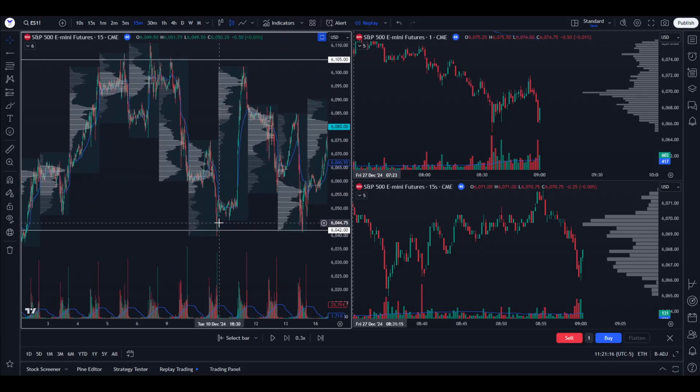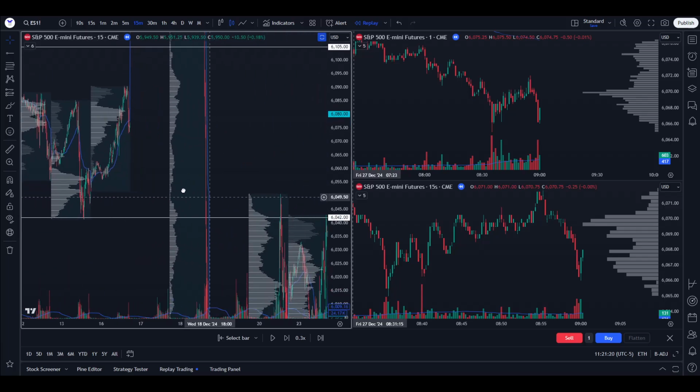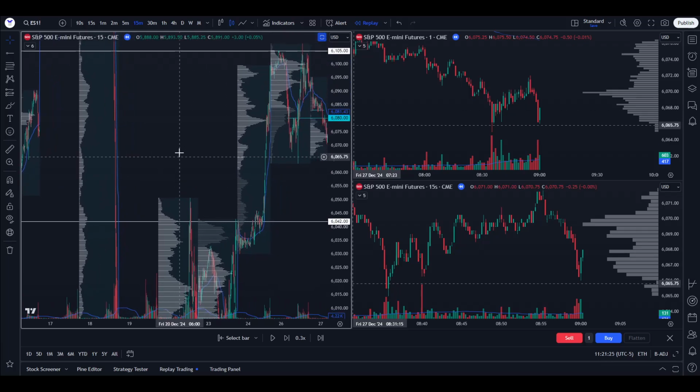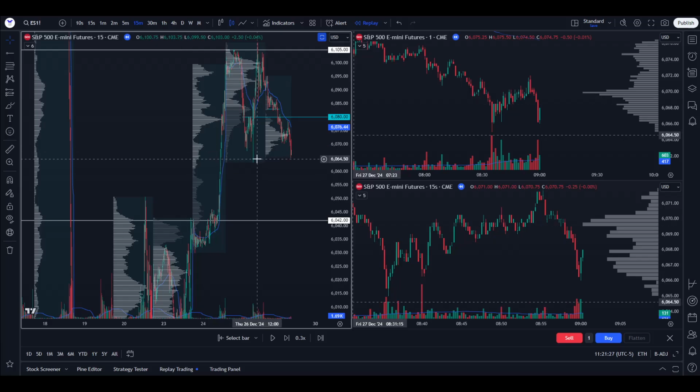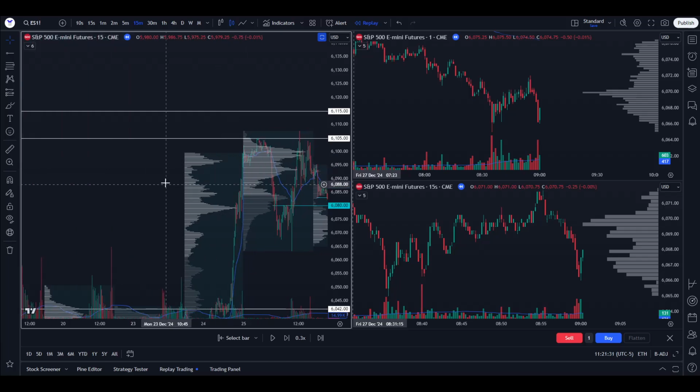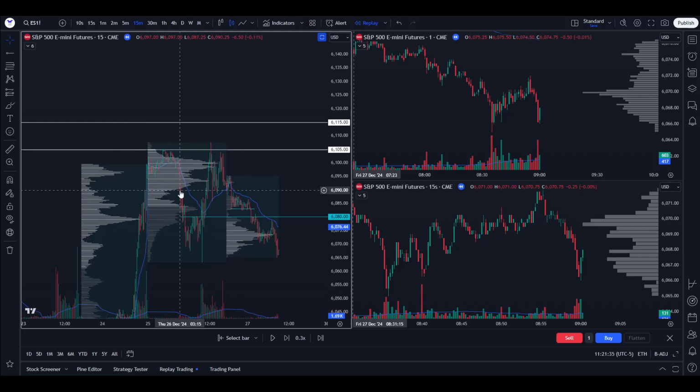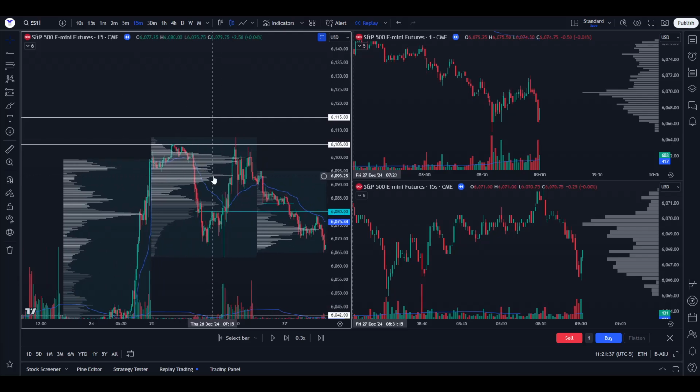Let's see. Yeah, we had these lows and then this low here. So I was just aligning that because that came into play on Friday when it failed to hold prior day low. Yeah, so this was one of the clues.